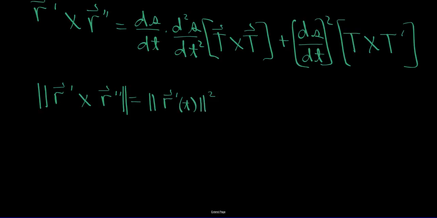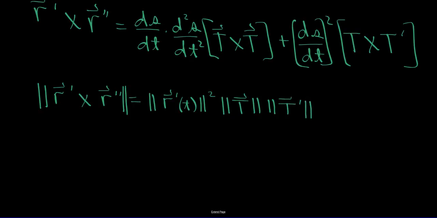Because ds dt is the magnitude of r prime of t. Now this thing, t cross t prime, well, I'm going to show you where I get this, but this is the magnitude of t times the magnitude of t prime.